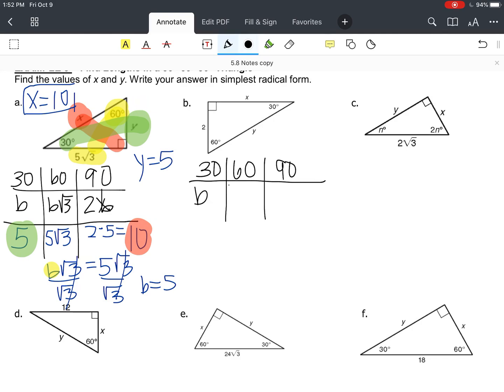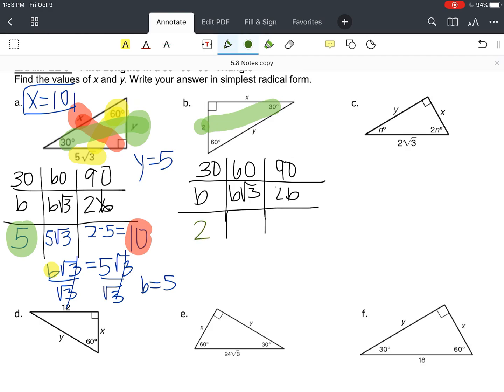Again, you're going to draw your chart. 30, 60, 90, B times root 3, 2B. All right, now you're going to look in your picture and see what side they gave you. They gave you 2 opposite 30. So I'm going to write 2 in under 30.